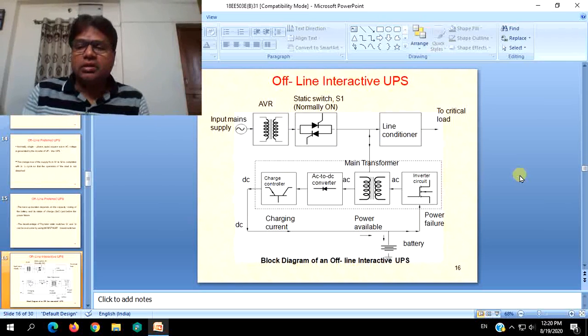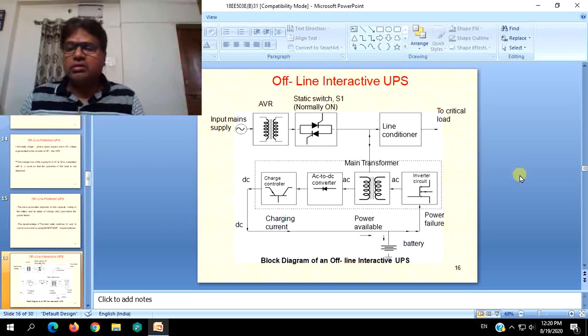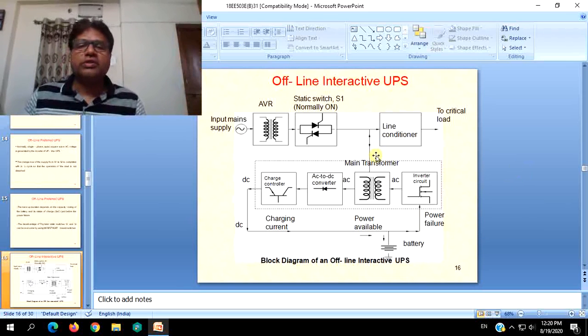And next, with some more extra features and different operations, we have the operation of offline interactive UPS. As the name indicates, it is as if there is an interaction between the UPS internal units and the supply. When compared to the previous block diagram, this is somewhat different.